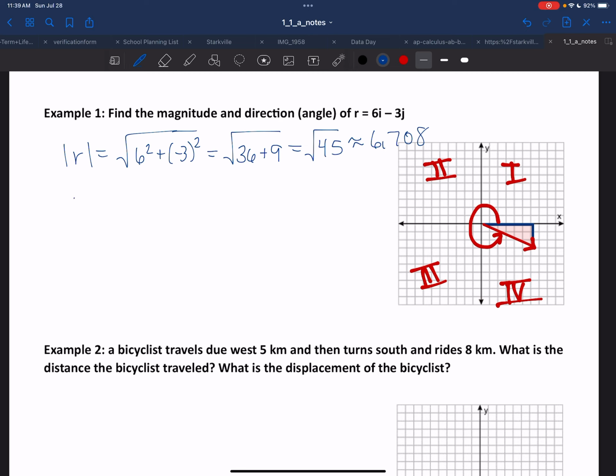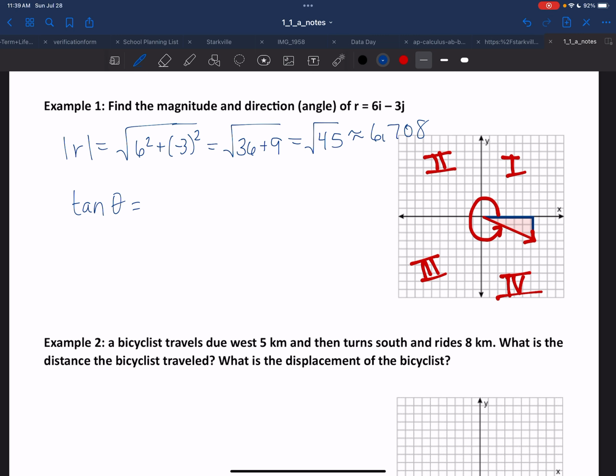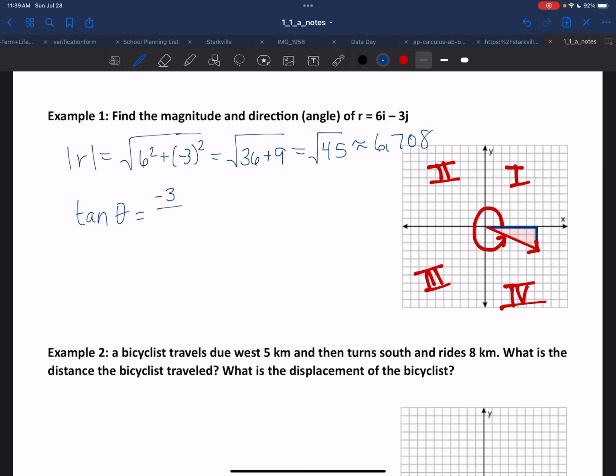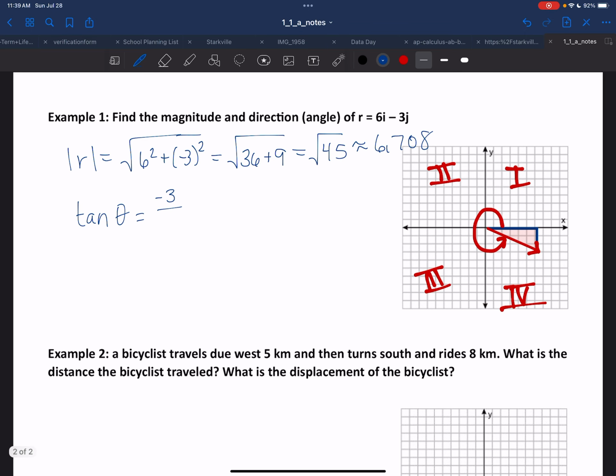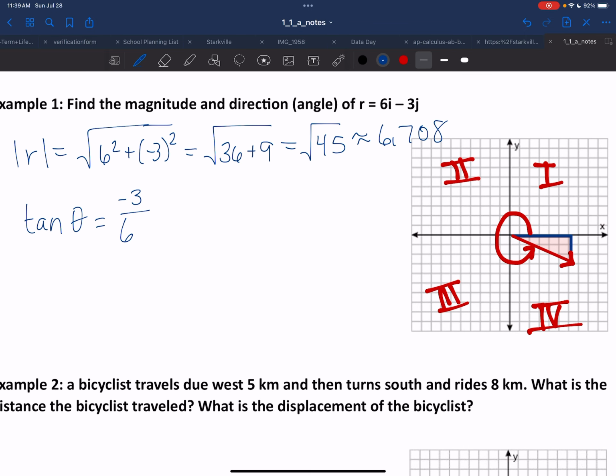My angle, I know the tangent of my angle is going to equal my y value, which is negative 3, over my x value, which is 6. And so I've got my angle is equal to the inverse tangent of negative 3 over 6.